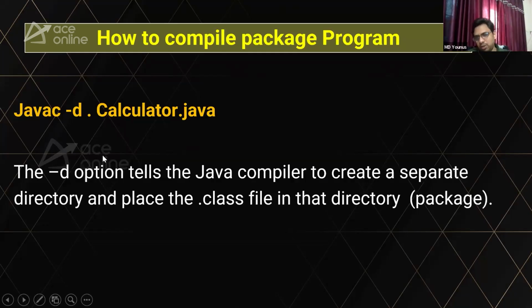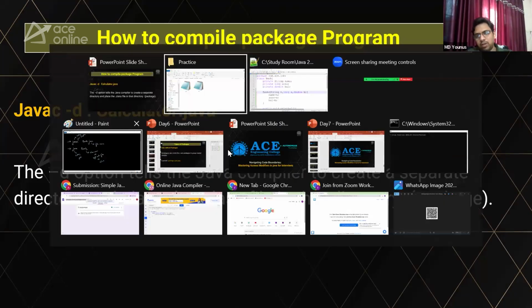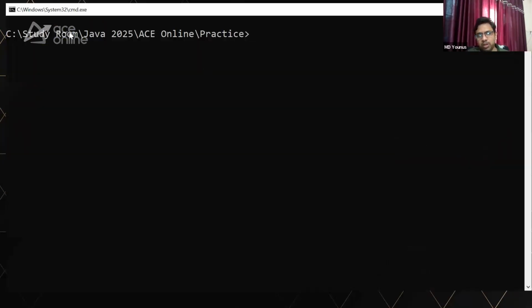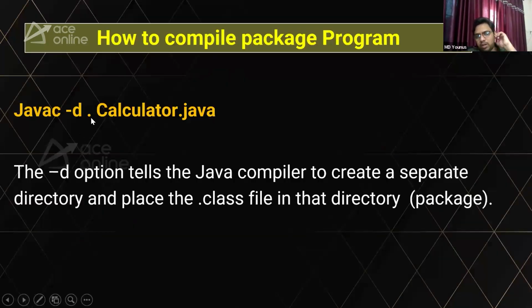Wherever I'm working right now, wherever I'm compiling, you see while compiling my program, I'm in this location. I'm in study rooms, then Java 2025, ACE online and practice. So from here, I'm compiling and executing my program. That's why I'm telling it to create that folder inside the same package.